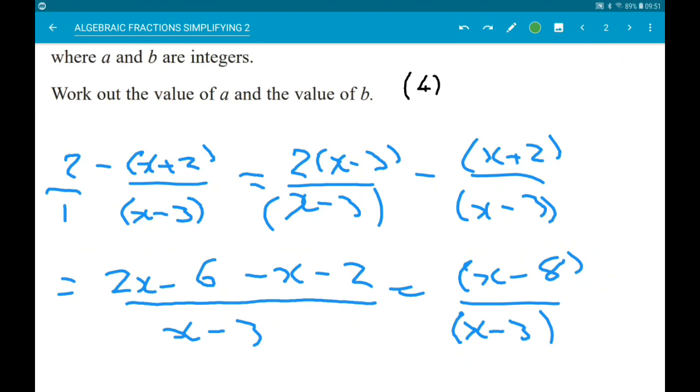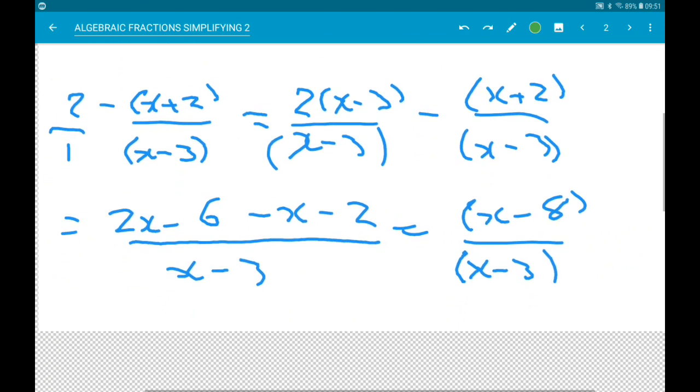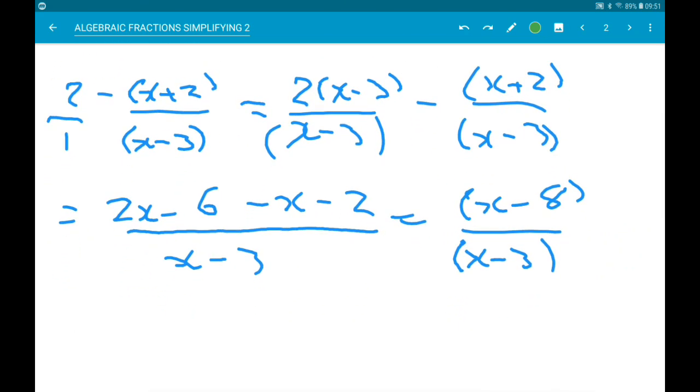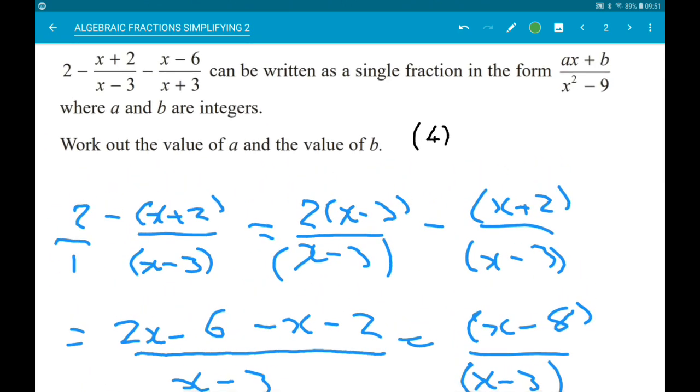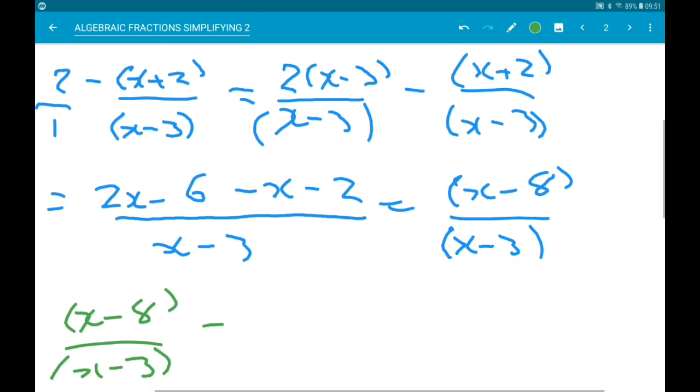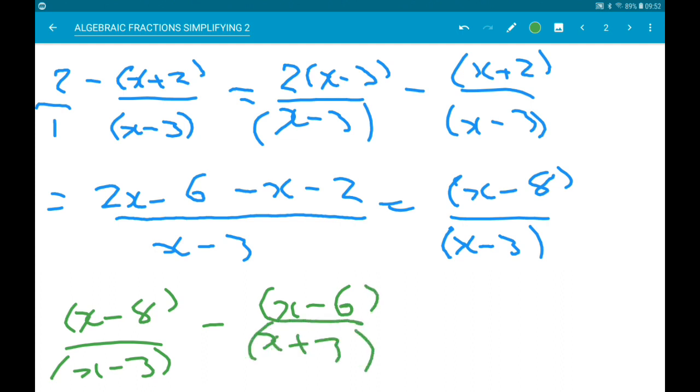So now we need to subtract the second fraction. So now we're doing (x - 8) over (x - 3), minus (x - 6) over (x + 3). Okay, so the common denominator here is going to be (x - 3) times (x + 3).